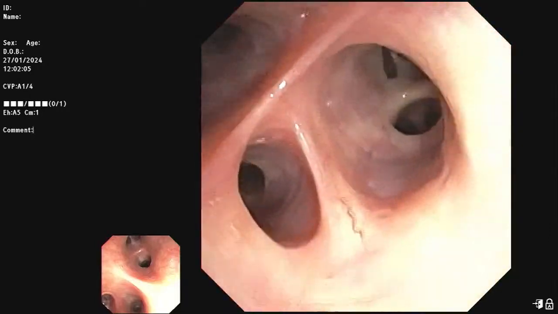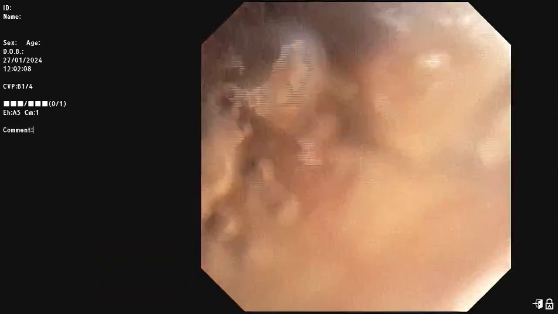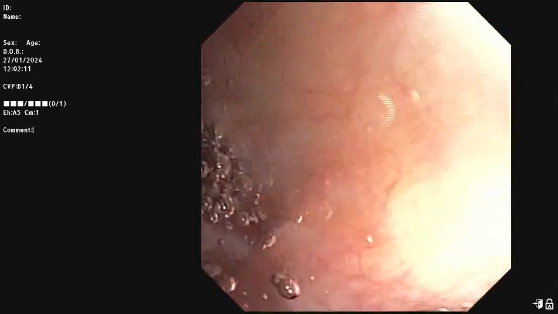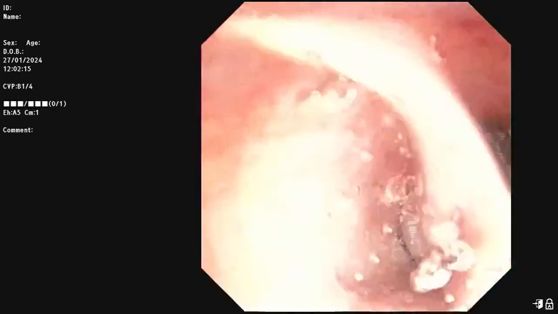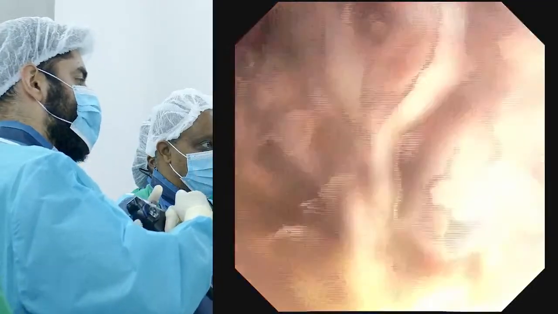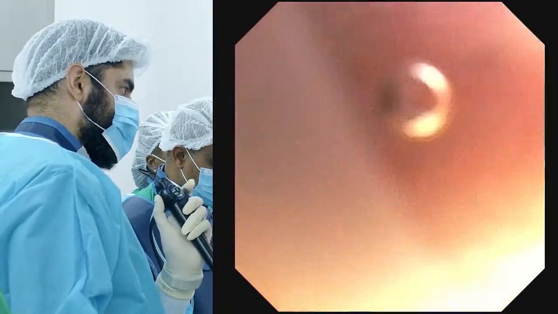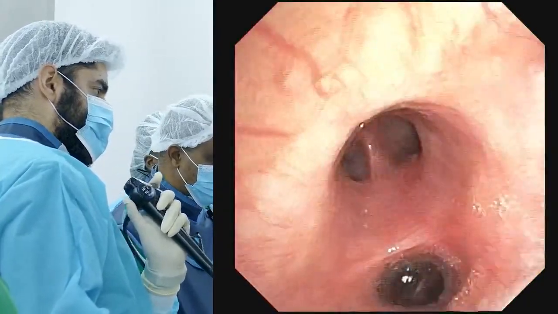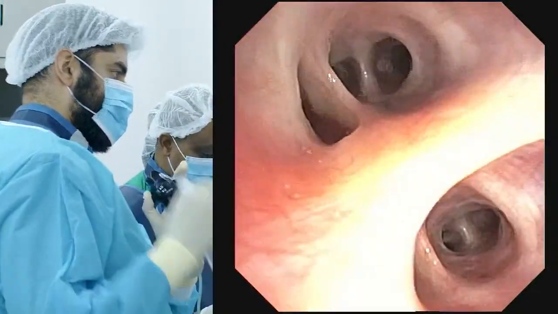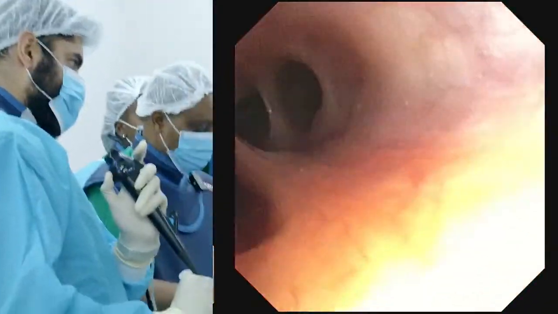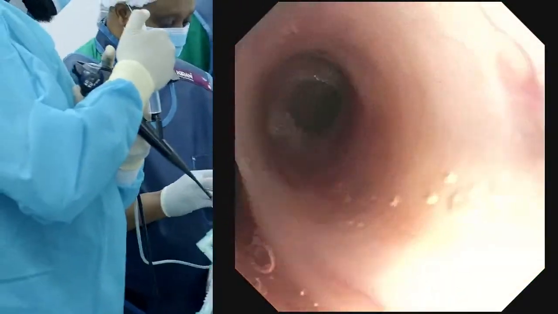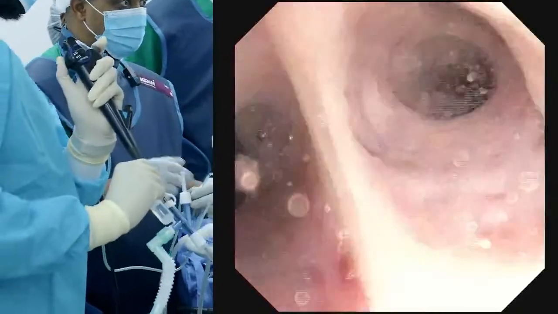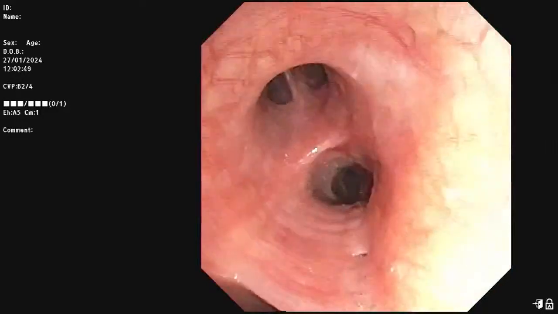There's nothing really here. We'll just focus on the lower lobe. Yeah. That's where the disease mostly is.